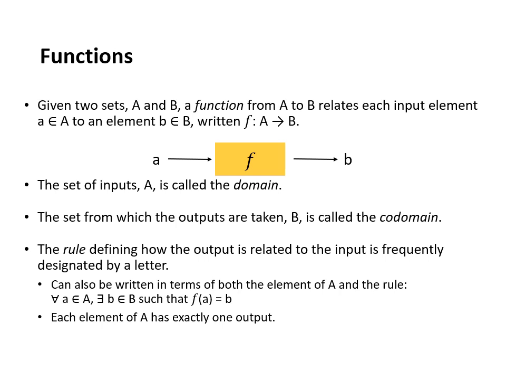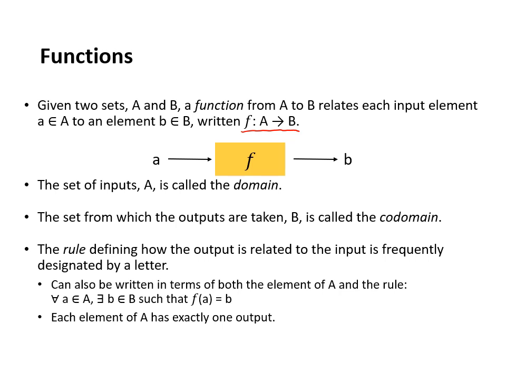Well, given two sets, A and B, a function from A to B relates each input element, a element of A, to an element b element of B, and we write it like this.